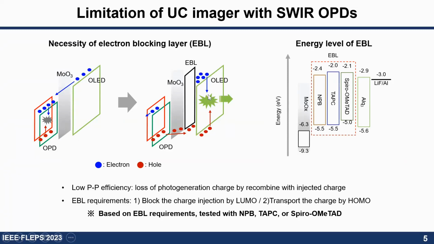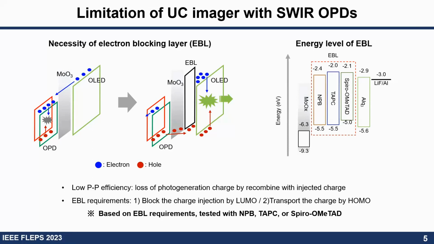Considering the electron blocking layer, two requirements are needed. The first is blocking the charge injection by the LUMO level, and the second is transferring the charge by the HOMO level. Based on these requirements, we chose three electron blocking layers: NPD, TAPC, and spiro-TAD.